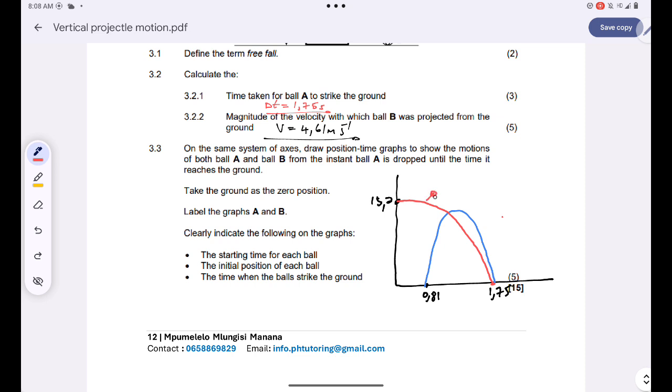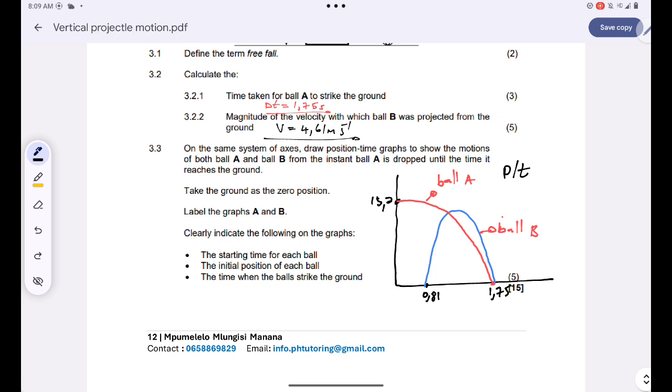So this one represents ball A, and the blue one represents ball B. Altogether, you'll write the heading, position-time graph, and on the y-axis you'll say this is the change in displacement in meters, and here the change in time in seconds. That's how, guys, you could have drawn your two graphs.